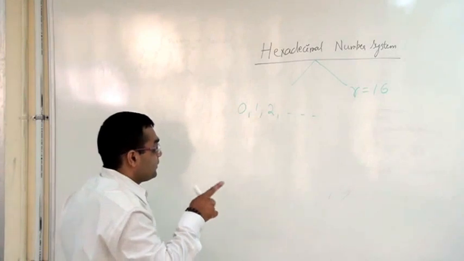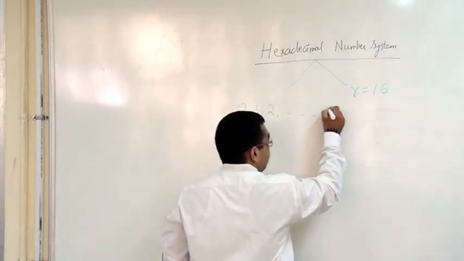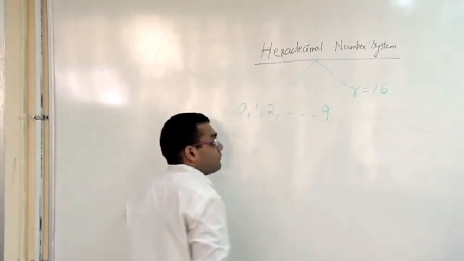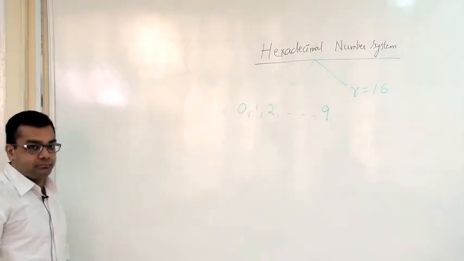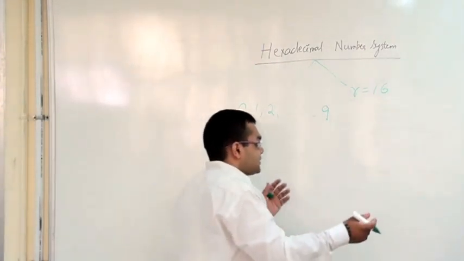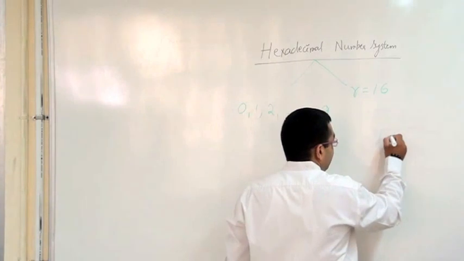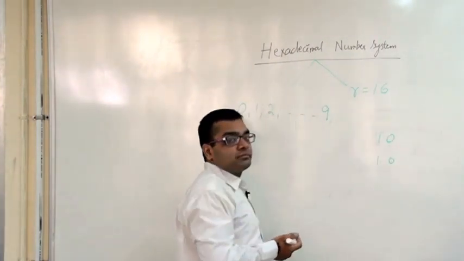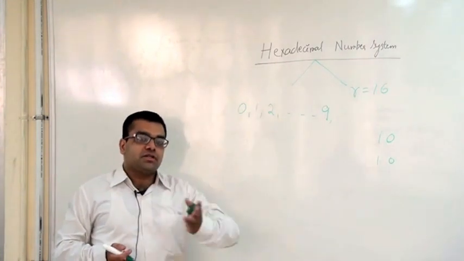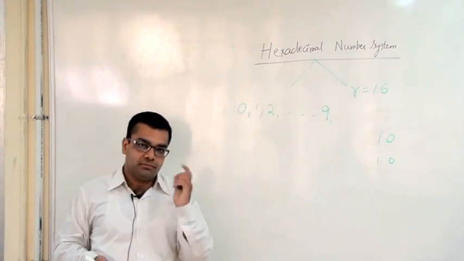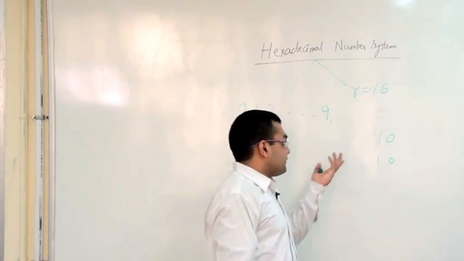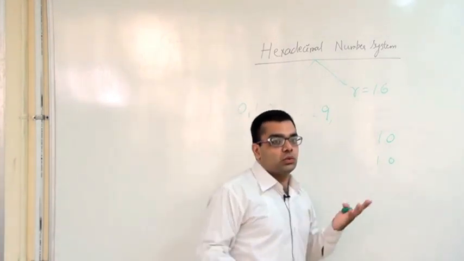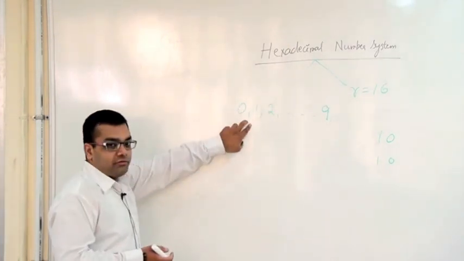Suppose we reach 9, what about 10? If in our information we write 10, the system cannot differentiate whether it is 10 or 1 and 0, because 0 and 1 are also valid symbols.